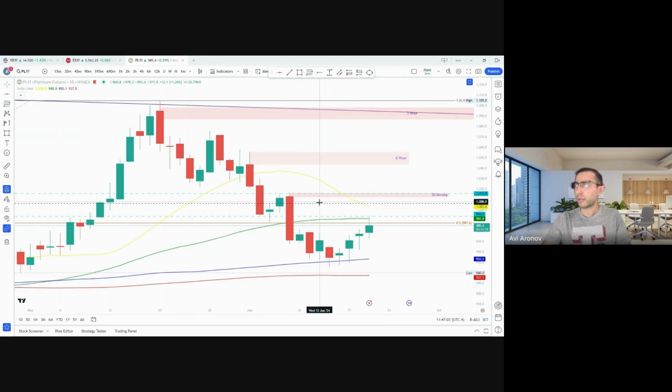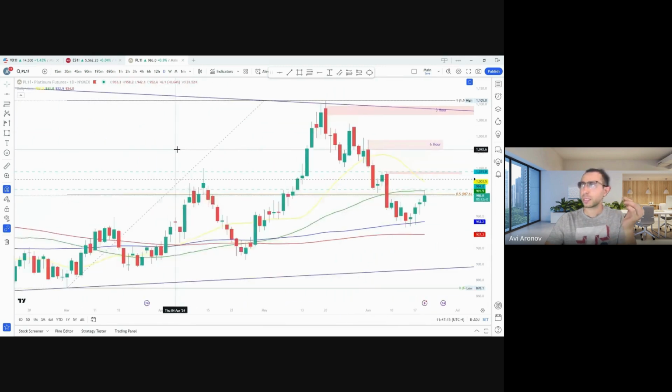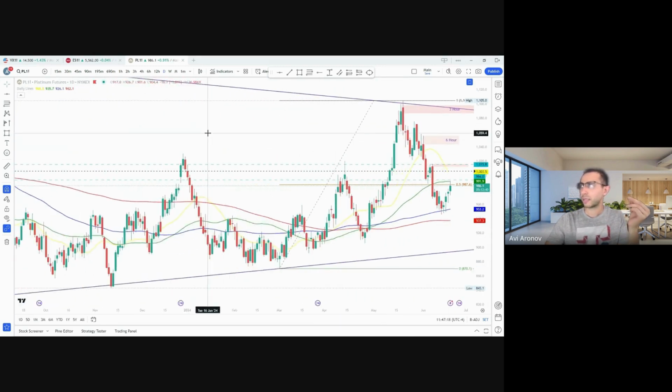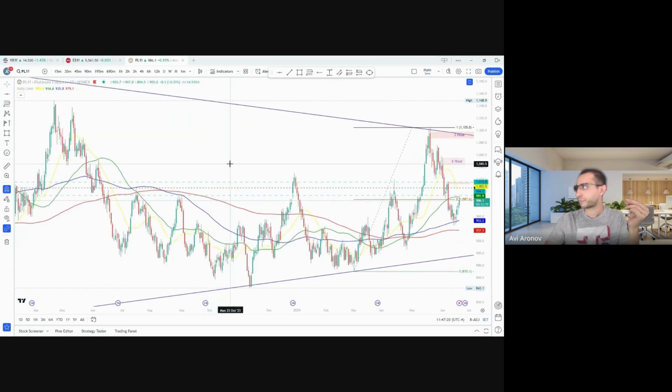At the moment, we have this alert. We wait for it to come to the zone, see what it does, and then we'll look for the next zone. And if the first one fails, then we can also find another support and resistance that is closer to this zone. So it will be somewhere in this area.